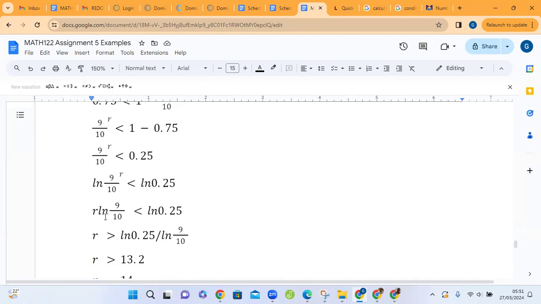Now ln of 9 over 10 is a negative number. The logarithm of a decimal is a negative number, meaning that the power is a negative value. In indices questions, negative exponent means 1 over, and that will give you a decimal.